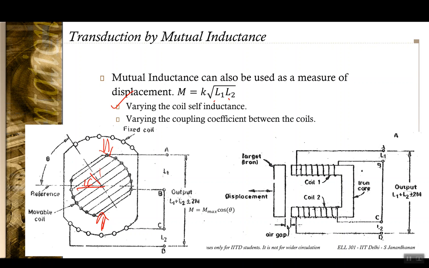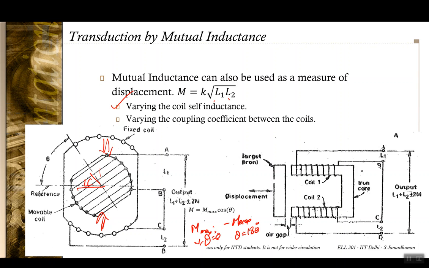The coupling goes from a maximum M max at theta equal to 0, to a minimum value of minus M max when theta is 180 degrees, and then the cycle repeats.